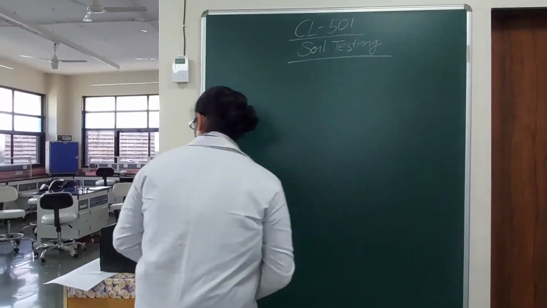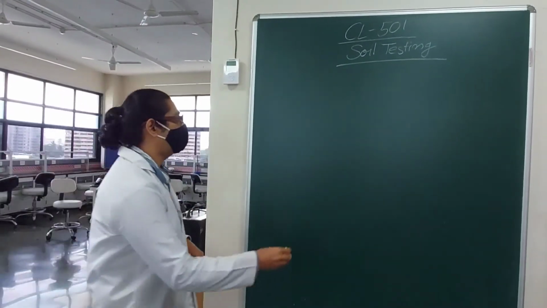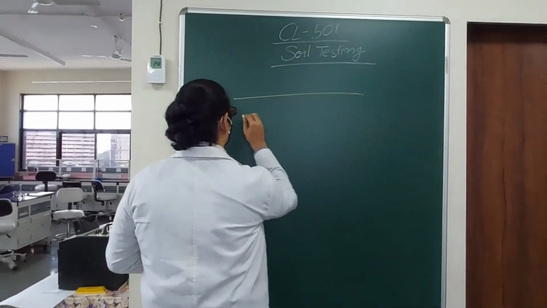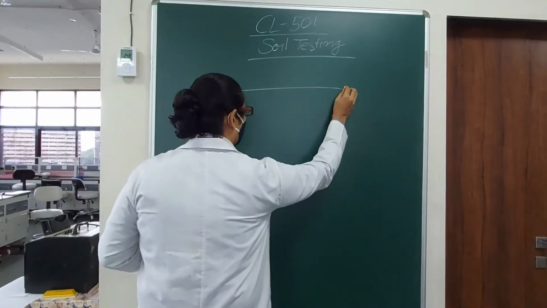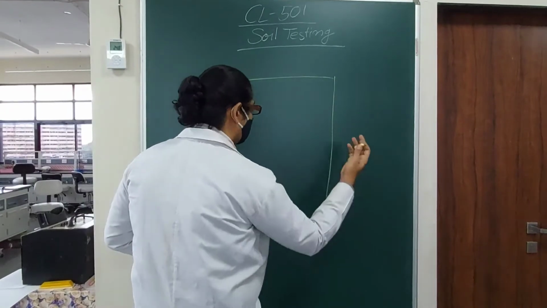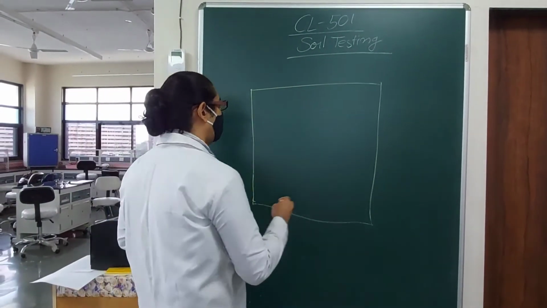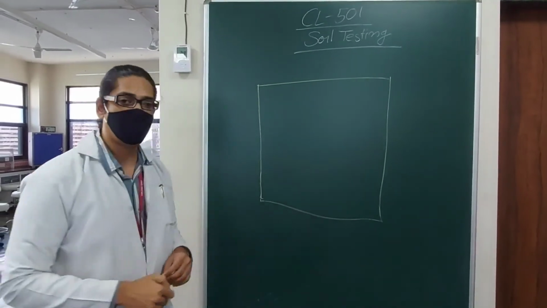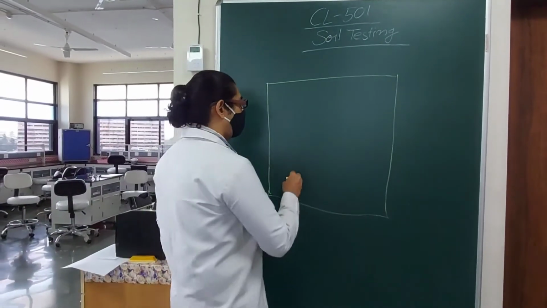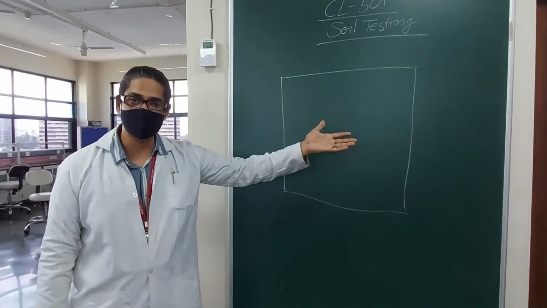Now, how do we get the sample of the soil? For instance, this is my field. It can be any shape and size. In India, we get fields of different sizes and shapes. Suppose we have a symmetric field. Are we going to take a sample from one side and send it for testing?